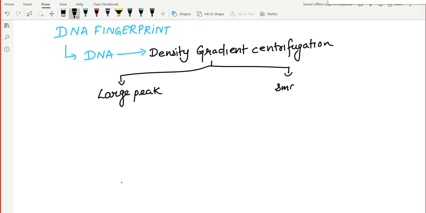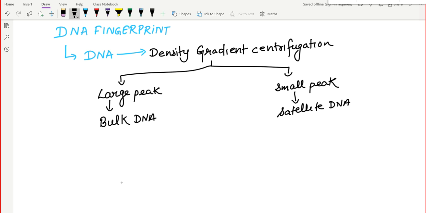The small peak belongs to something known as satellite DNA, and the large peak is for the bulk DNA. This satellite DNA is also known as your repetitive DNA sequence, and this bulk DNA consists of non-repetitive DNA sequence.